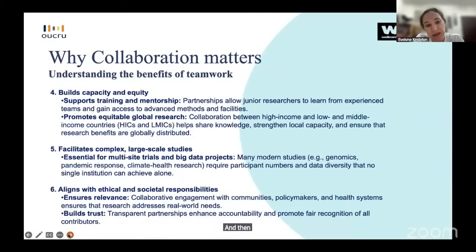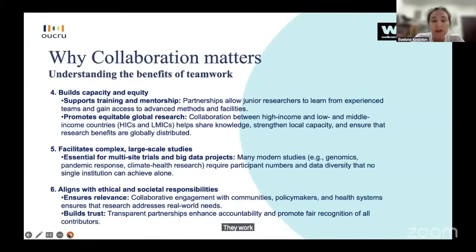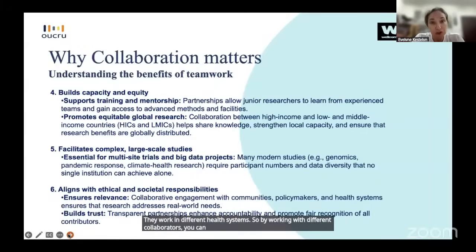And then last but not least, it can align with ethical and societal responsibilities. If you work collaboratively with different researchers, they in turn work with different communities. They sometimes have to justify their work to different policymakers and stakeholders. They work in different health systems. So by working with different collaborators, you can ensure that your work aligns with these different contexts and health systems.